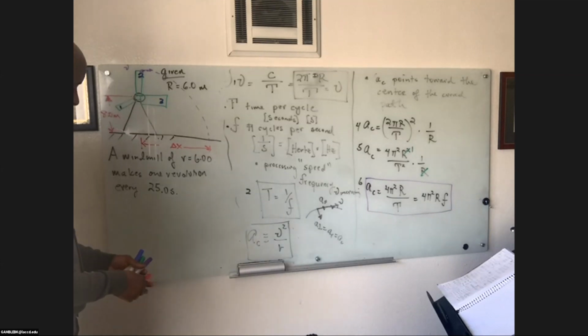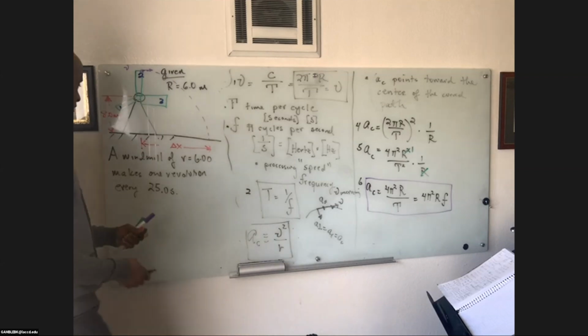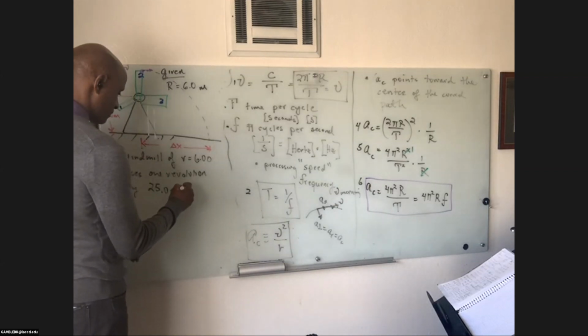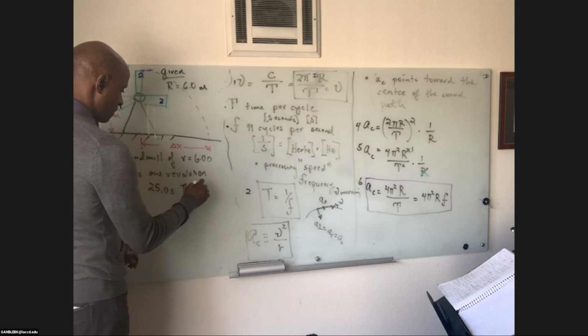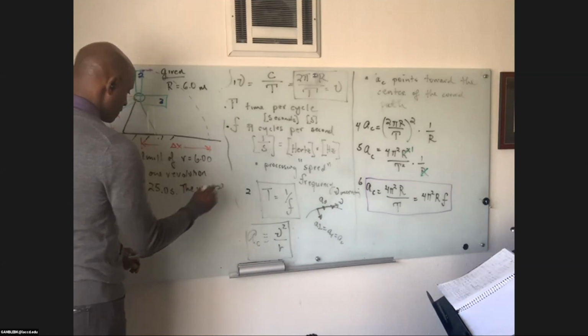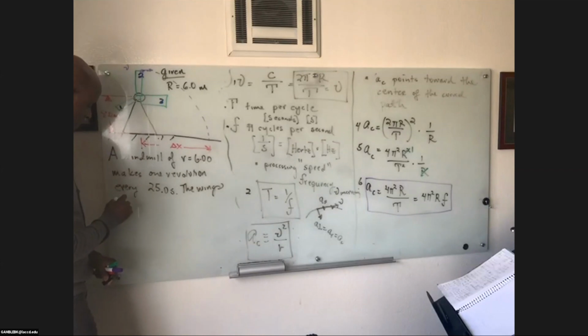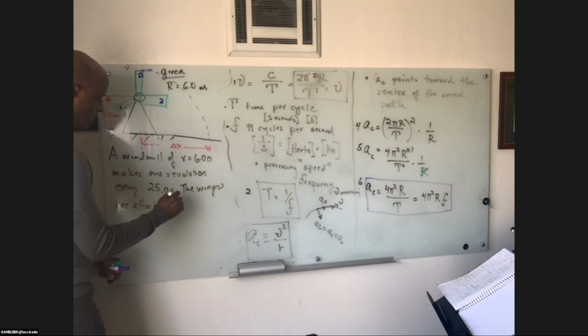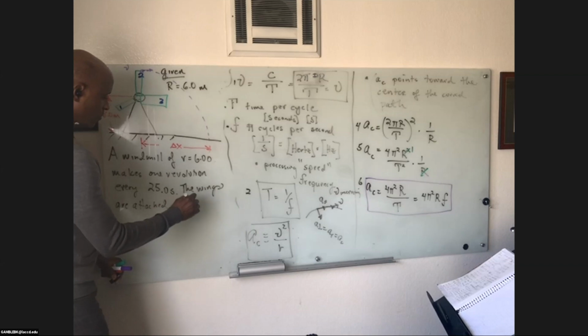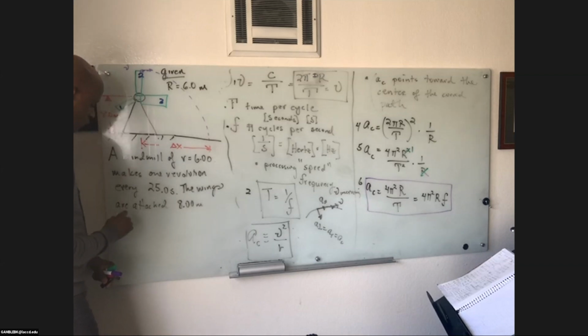So let me write this out. The windmill is attached 8 meters above the ground, or the wings, 0.0 meters above ground.